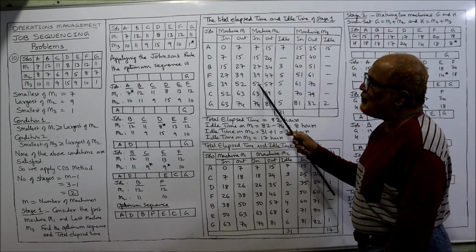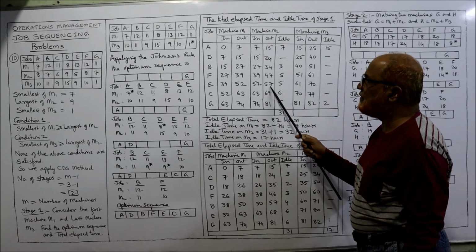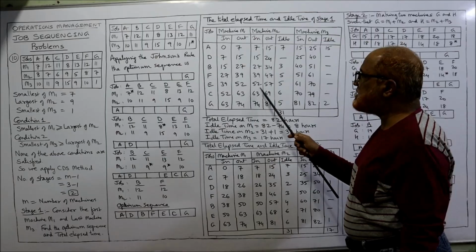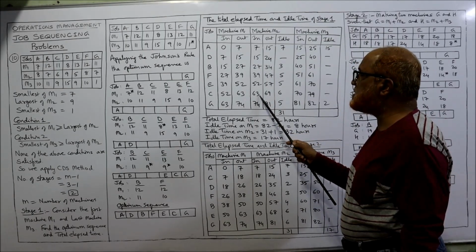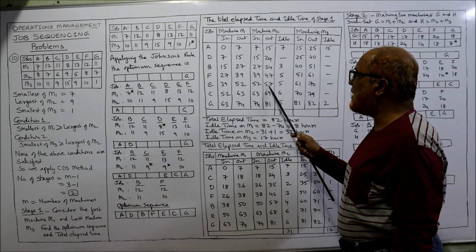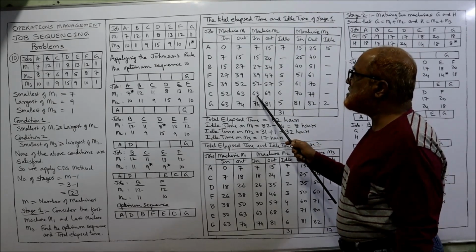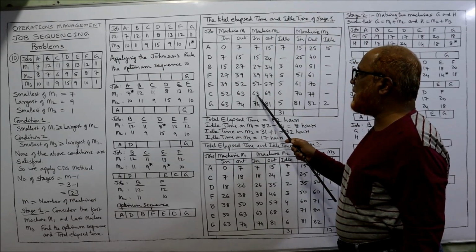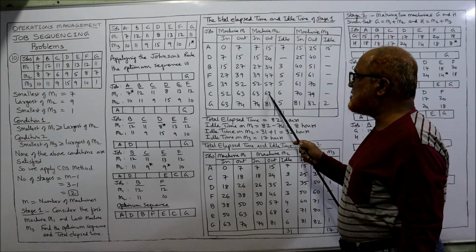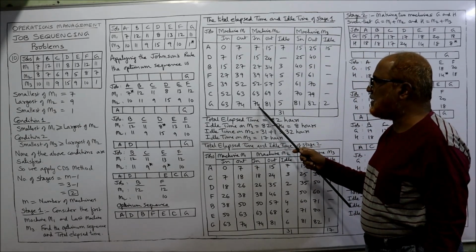Now E on M2 is 5. So 52 plus 5, 57. Now 57 or 63, whichever is higher. 63 is higher. So there is idle time: 63 minus 57, you get 6 hours. Now what is C on M2? C on M2 is 6. So 63 plus 6, 69. 69 or 74, whichever is higher. 74 is higher.